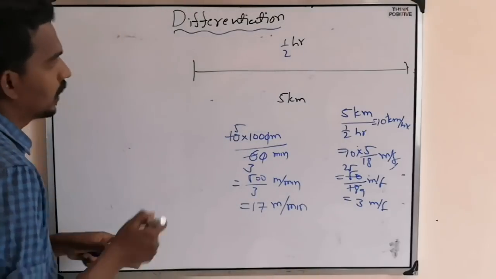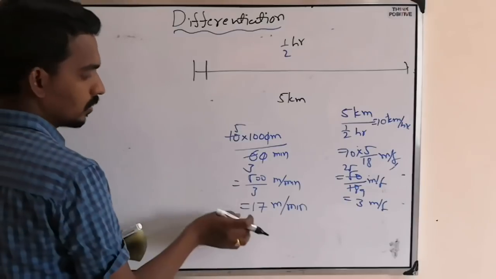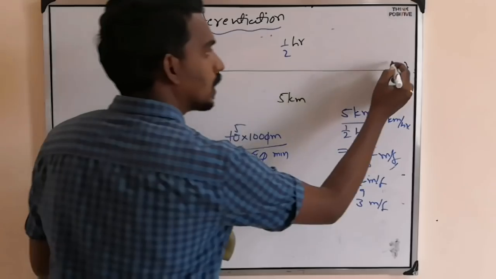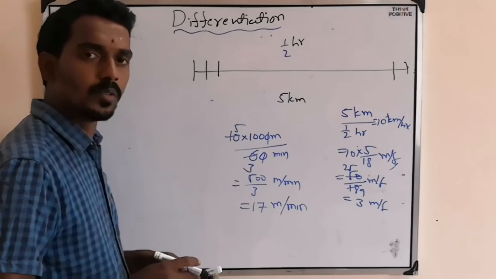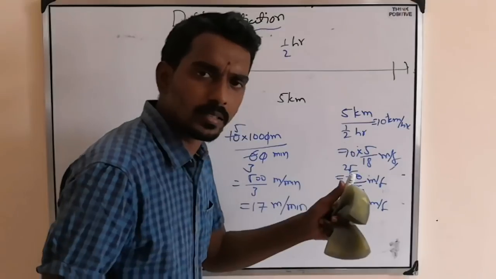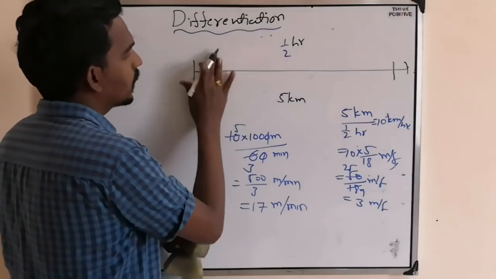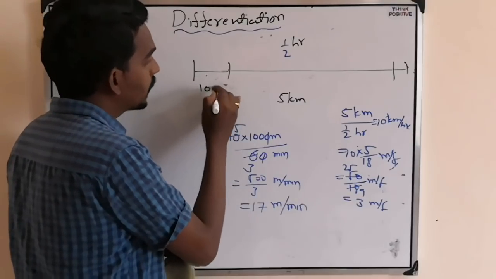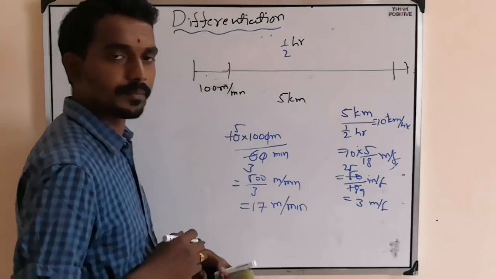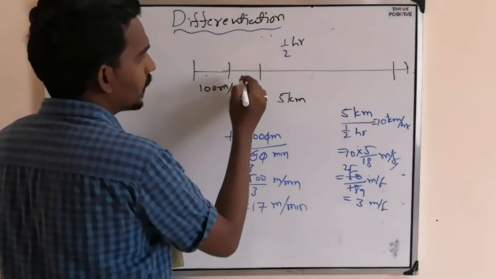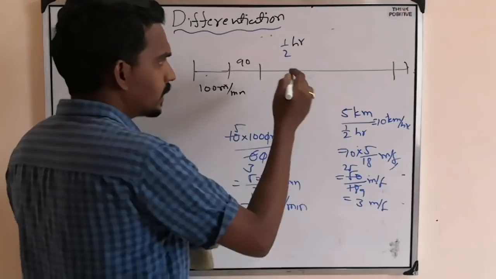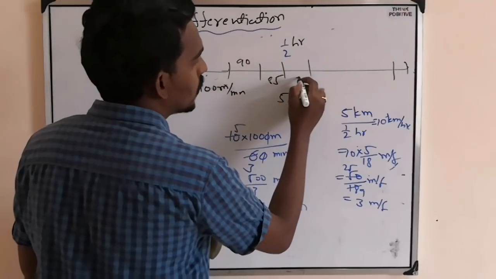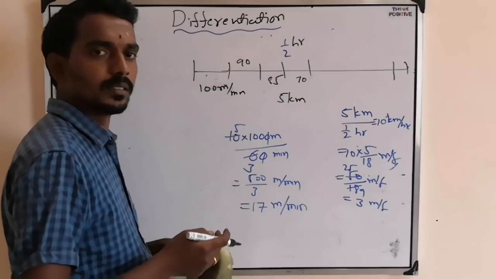But is it true that after the first minute you covered this much, and after the second minute also the same, and after the last minute also the same? No. Initially you will run very fast, so you may cover 50 or 100 meter in 1 minute. Then in the next minute it may decrease to 90, then 85, then 70, and so on.